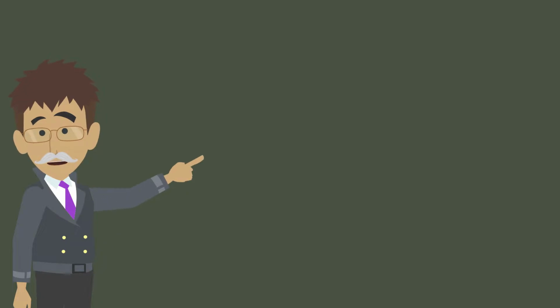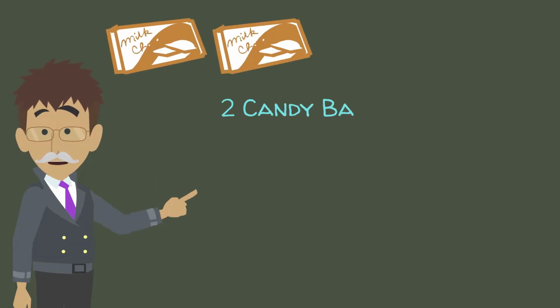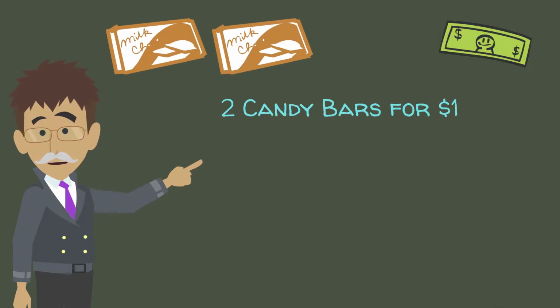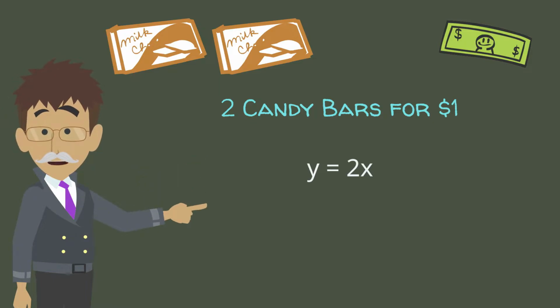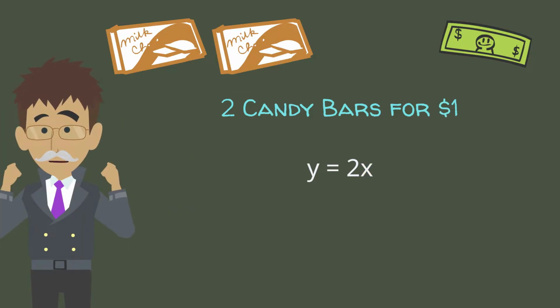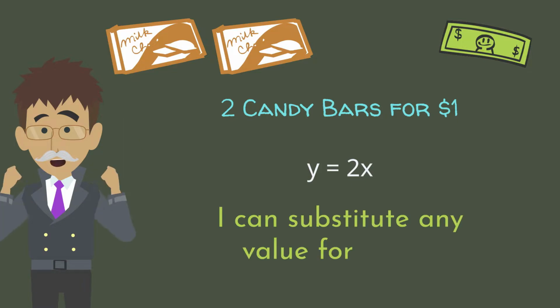From the first example, I could buy 2 candy bars for $1. The equation y equals 2x represents the relationship between the number of candy bars I can buy, y, and the dollars I have, x. With this equation, I can now calculate the number of candy bars for any dollar amount.